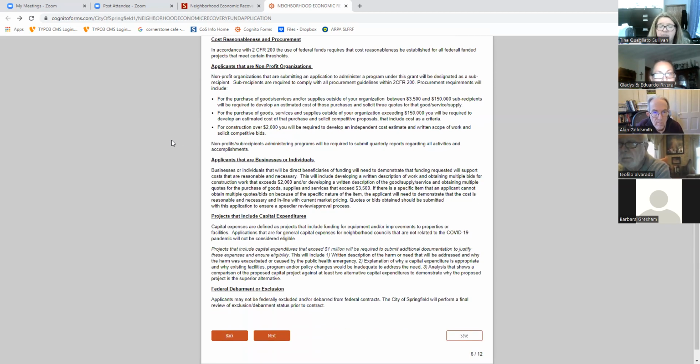So if the applicant is a nonprofit organization, your goal is that you're not going to be a direct beneficiary of the funds, but rather you're going to run some kind of program with the funds, or run some kind of program out of what the funds are funding.